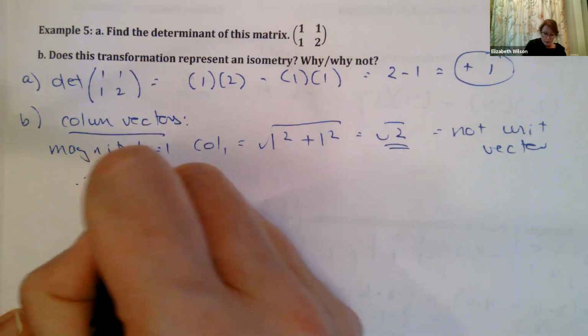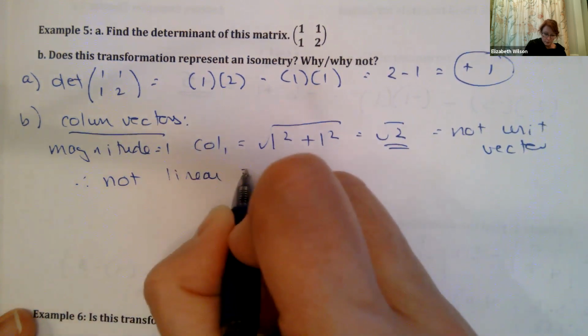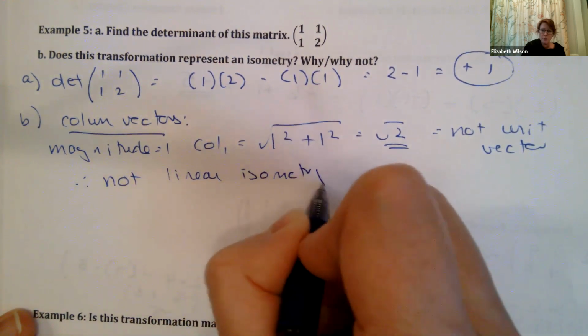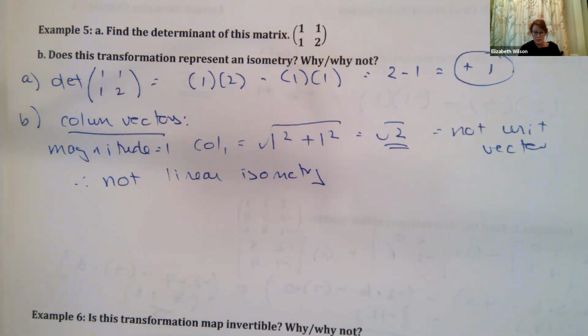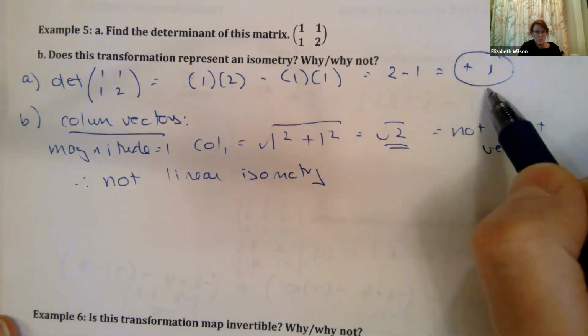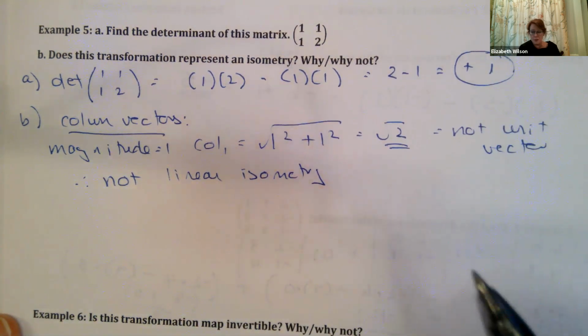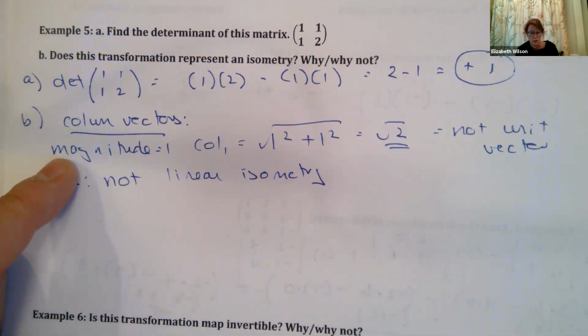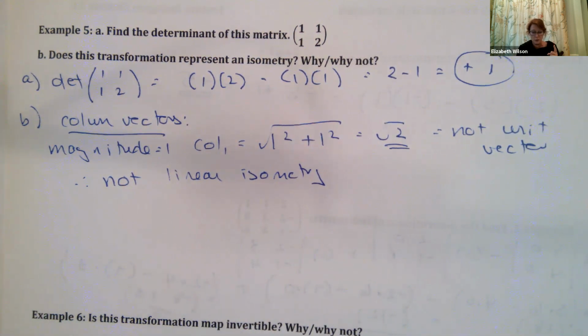Therefore, it's not a linear isometry, even though the determinant is 1. So checking the determinant will not tell you if something is a linear isometry. You must do the check on the columns. The column vectors must be unit vectors, with a magnitude equal to 1, and the columns must be mutually perpendicular to each other.